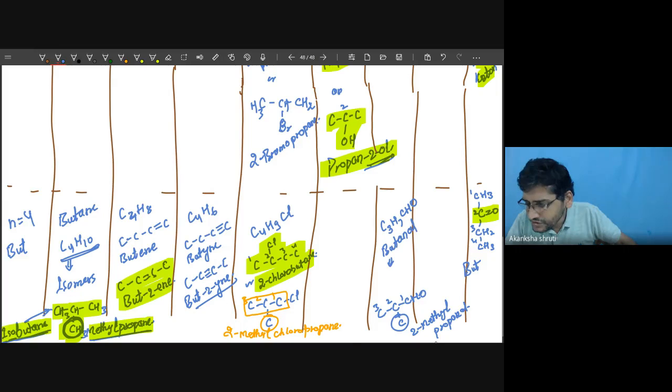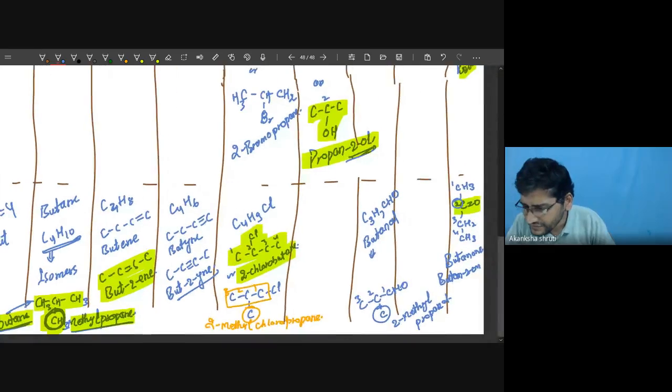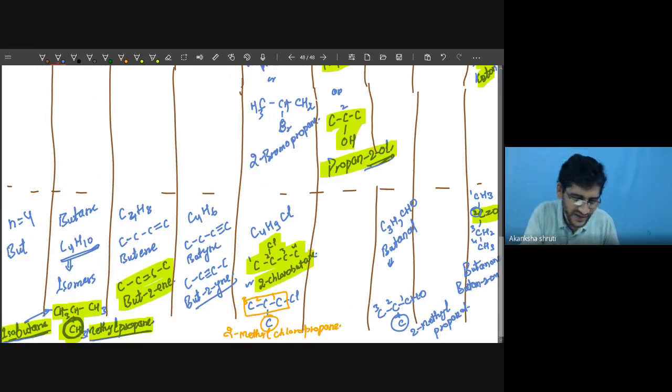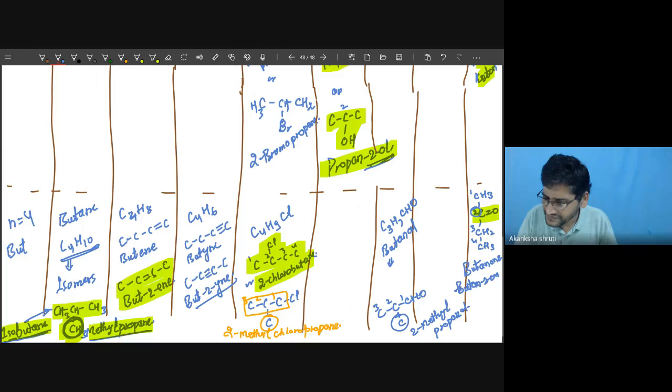So it becomes 4 carbon, butane, then ONE. But the better way is to put this suffix 2 here. So it is butan-2-one. Okay, student? So it is butan-2-one. Let me write correctly.